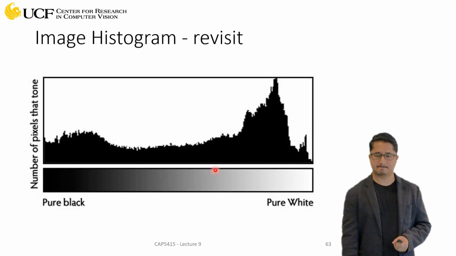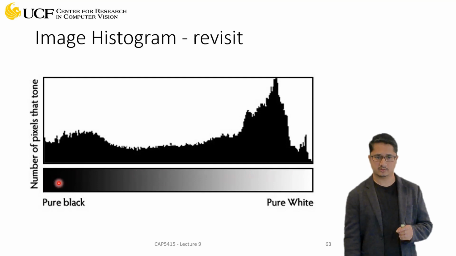Okay, so that was a normal bin-based histogram, and this is another example showing the histogram of a real grayscale image. Here you can see that the x-axis shows the intensity of pixels starting from 0, which is pure black, all the way up to 255, which is pure white. And the y-axis is counting the number of pixels you have of that particular tone.